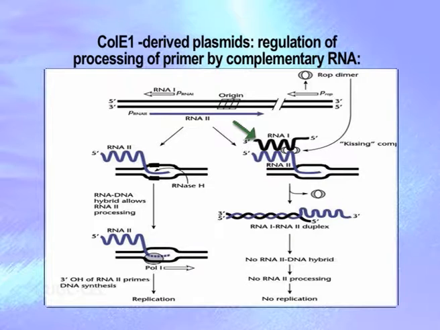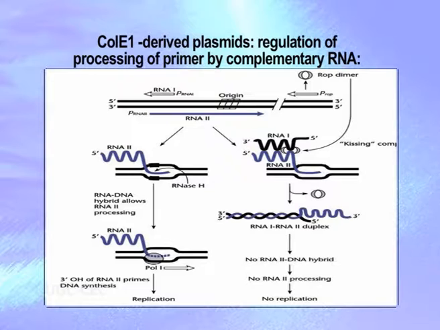But there exists an antisense RNA or counter-transcribed RNA called RNA1. What it does is it has binding affinity towards RNA2, and it forms a complex with RNA1 and RNA2, which is called the kissing complex, because the stability of this complex is very low, and it really needs the help of another plasmid coded protein called ROP protein. ROP protein comes and forms a complex with RNA1 and RNA2, stabilizes the complex, and because this complex is formed, RNA2 is unable to bind to the origin of replication.